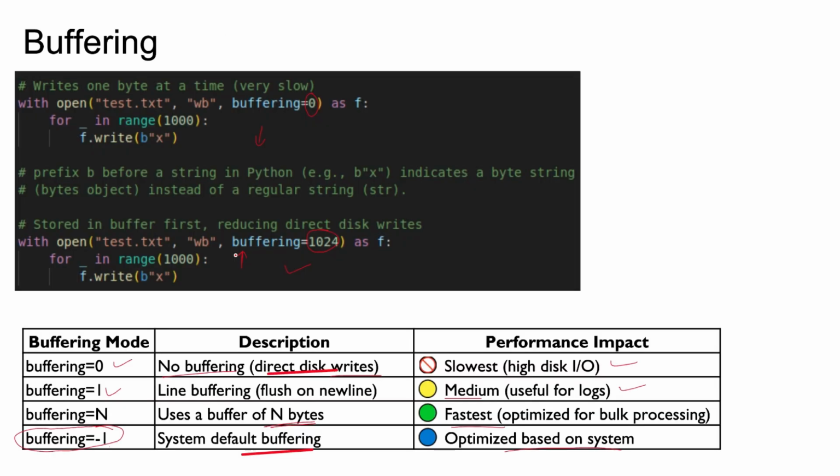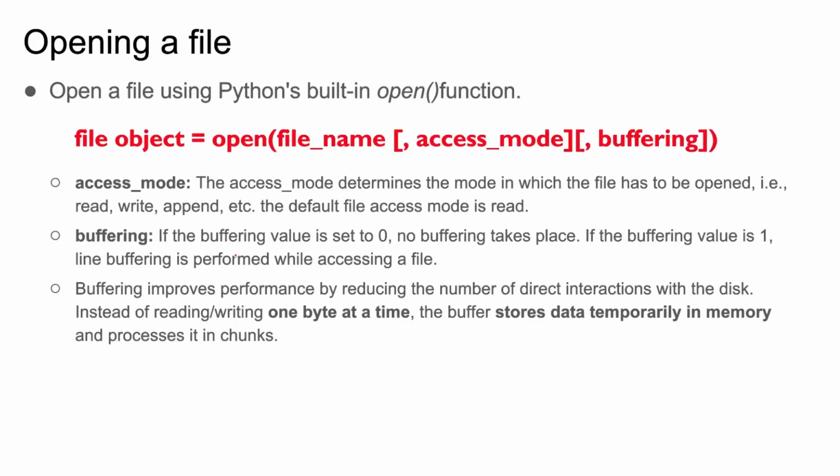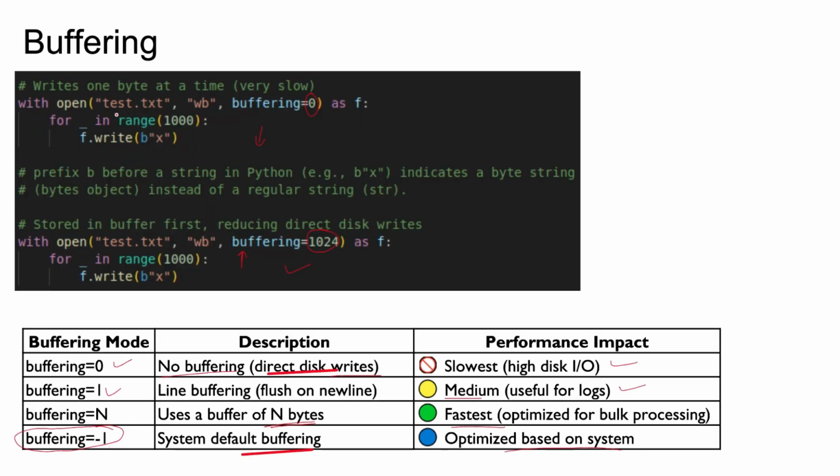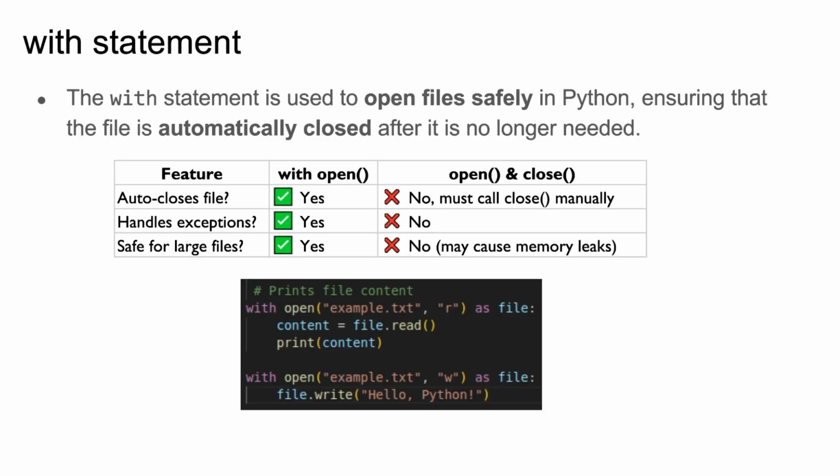Right now, I said I will only use the open function, but here I am using this with. Why am I using with? The reason is that the with statement is used to open files safely in Python. It ensures that the file is automatically closed after it is no longer needed.